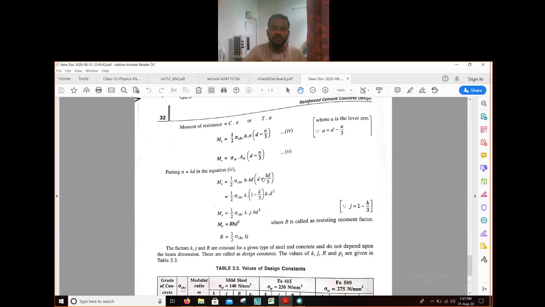Then you take some common. Here you can take a into bd square. If you simplify this one, you can take d common here. Then if you simplify, you will get half sigma cbc k, and this 1 minus k by 3 is nothing but our j. It is written here. So this is the final formula we will get.